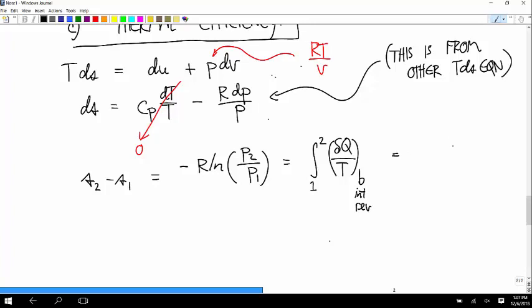And so this is equal to the transfer Q divided by the temperature.